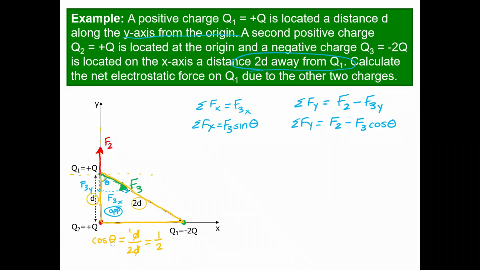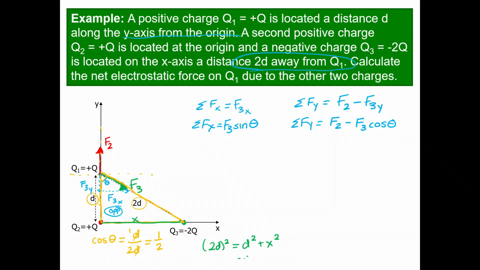For my opposite side, I could use the Pythagorean theorem to find the third side right here if we wanted to do that. So our 2d, our hypotenuse squared, has to equal d squared plus, I'm going to call this x right there, x squared.